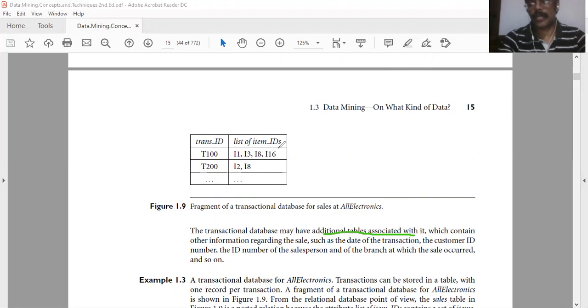The additional tables contain other information regarding the sale, such as date of transaction, the customer ID number, ID number of the salesperson, and the branch where the sale occurred, and so on.